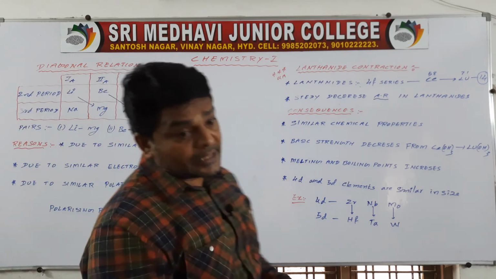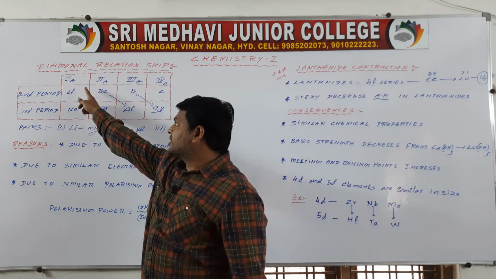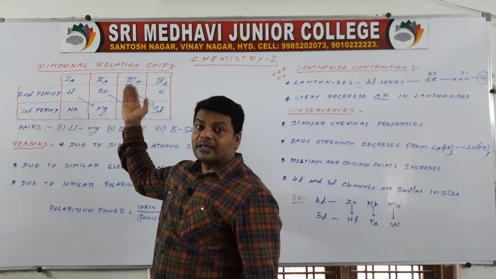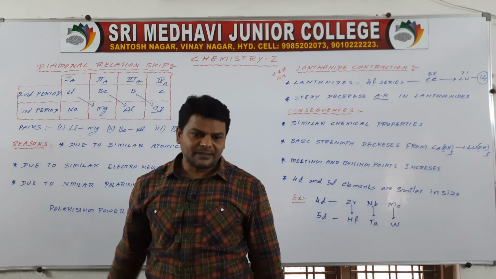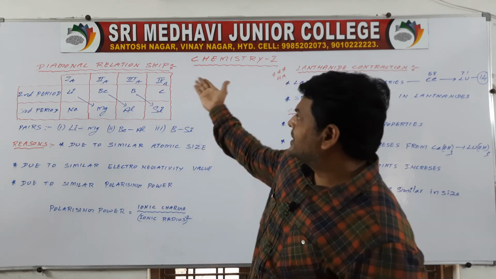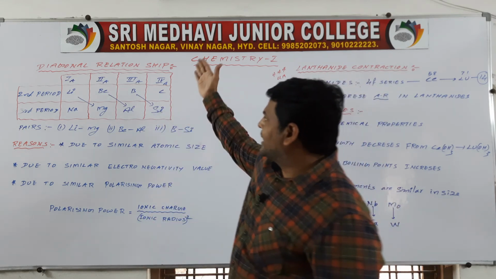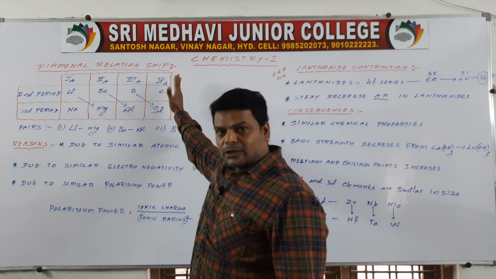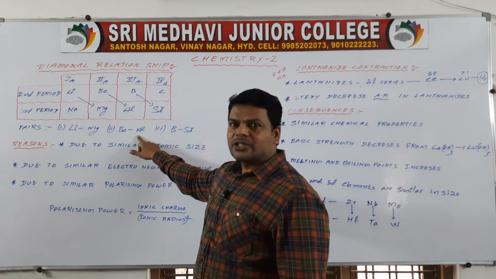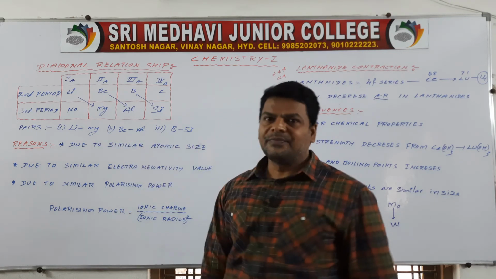What does diagonal relationship mean? The second period, first group, first element shows similarities with the third period of the next group, second element. This is called diagonal relationship. Diagonal relationship exists up to the fourth group only. After that it disappears. The pairs showing diagonal relationship are three: lithium, magnesium; beryllium, aluminum; boron, silicon.